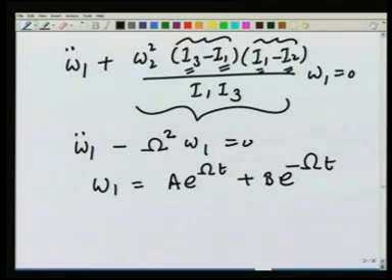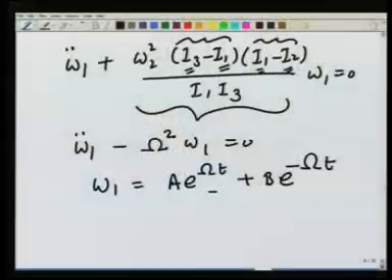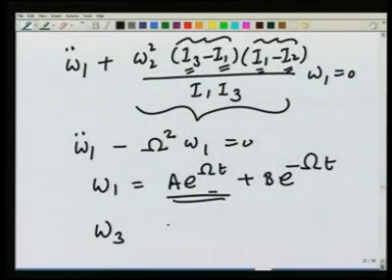Whereas earlier, when we gave spin about the axis which has the smallest moment of inertia or the largest moment of inertia, the other two angular velocity components were just changing periodically slightly, now omega 1 grows exponentially. You can similarly show that omega 3 would also be proportional to e raised to omega t.